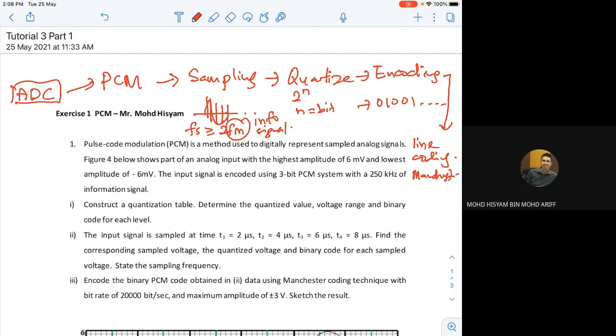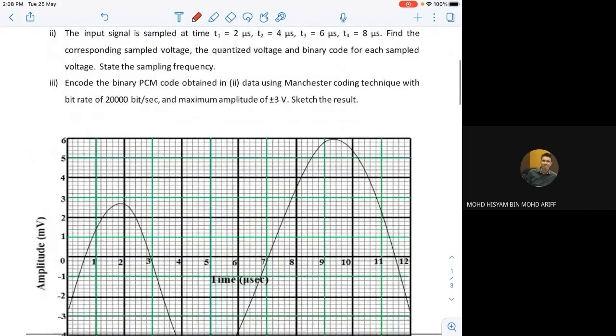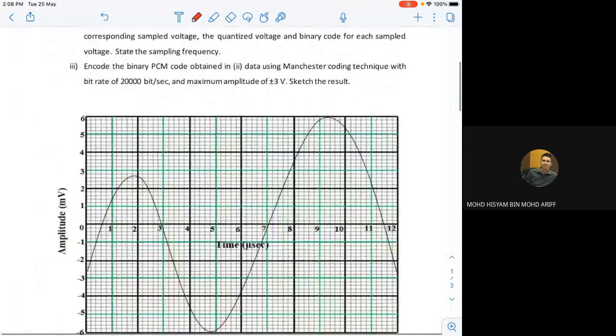Now, let's look at this question directly, so that we learn fast. Normally in this question, we give you an analog signal. This is the analog signal.